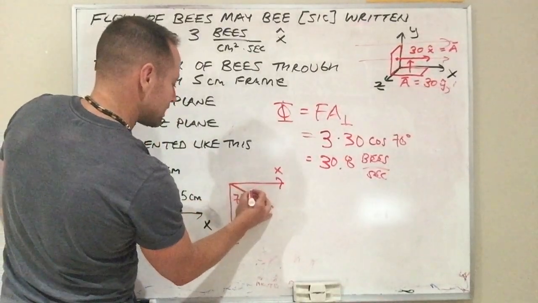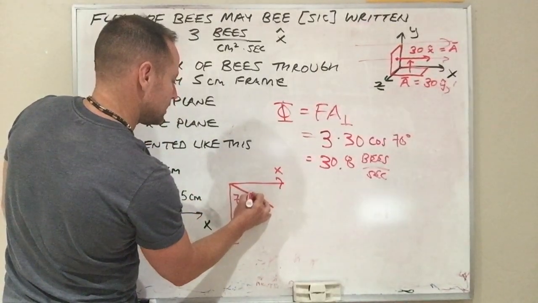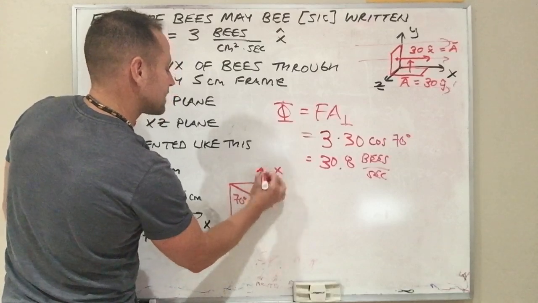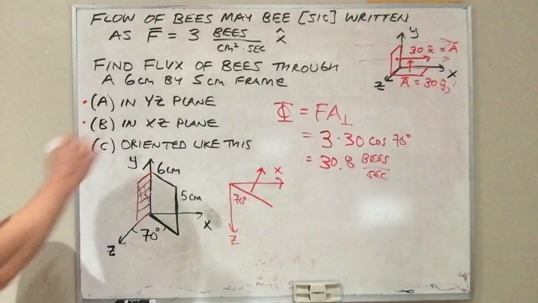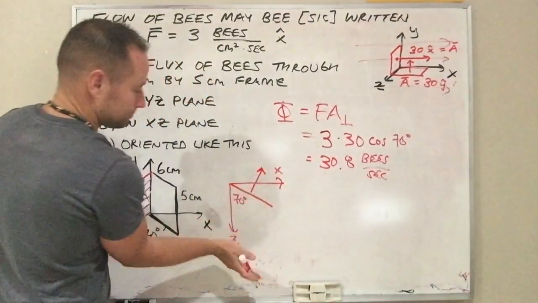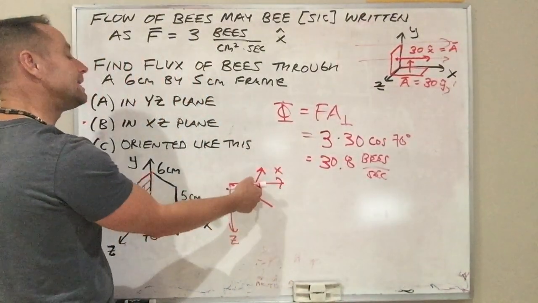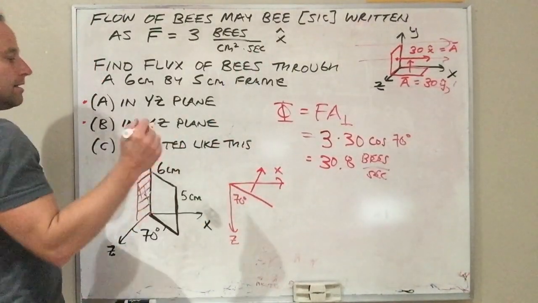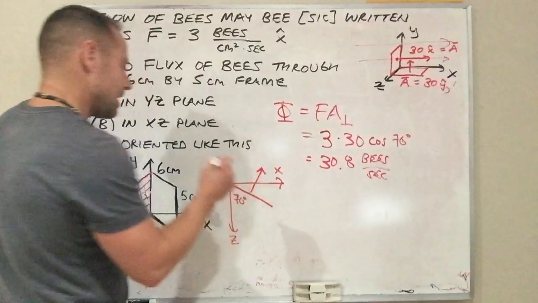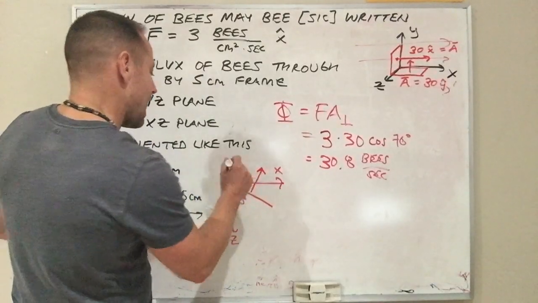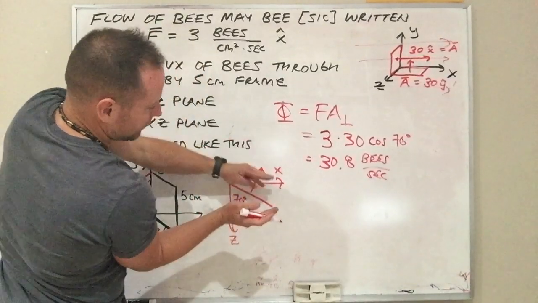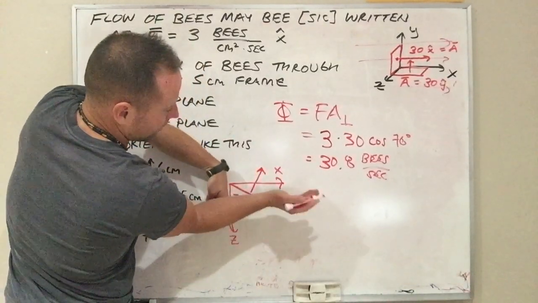And then what's going on is this area vector here is magnitude 30, but we need to write it in terms of x, y, and z coordinates. And so what we could see is that in the x direction, if this picture frame were rotated all the way down here, it would have pointed like this.